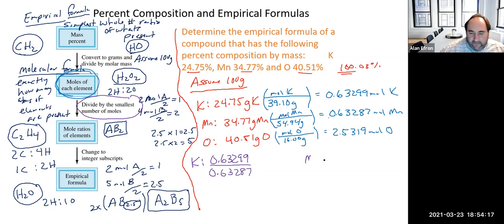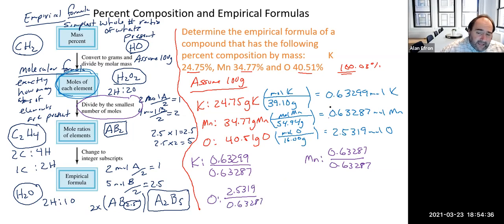Mn would be 0.63287 divided by 0.63287. And oxygen would be 2.5319 divided by 0.63287. Again, that number comes from here. That looks like the smallest number of moles.